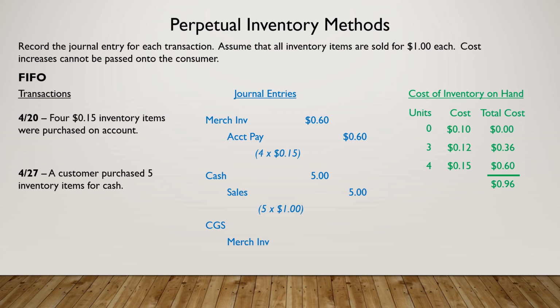To determine the amount, we once again fill out those 5 items starting with the oldest layer first. We'll apply all 3 remaining units from the 12-cent layer. To get to the 5 sold, we just need 2 units from the most recent purchase. As for the cost of inventory we have left, the 12-cent layer is gone.